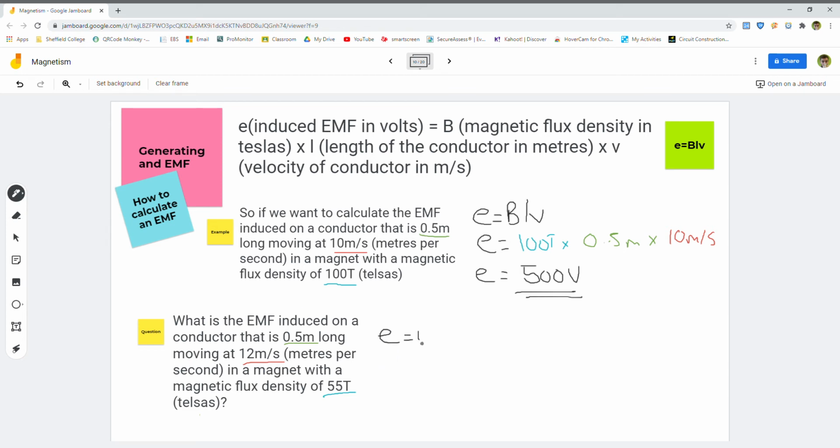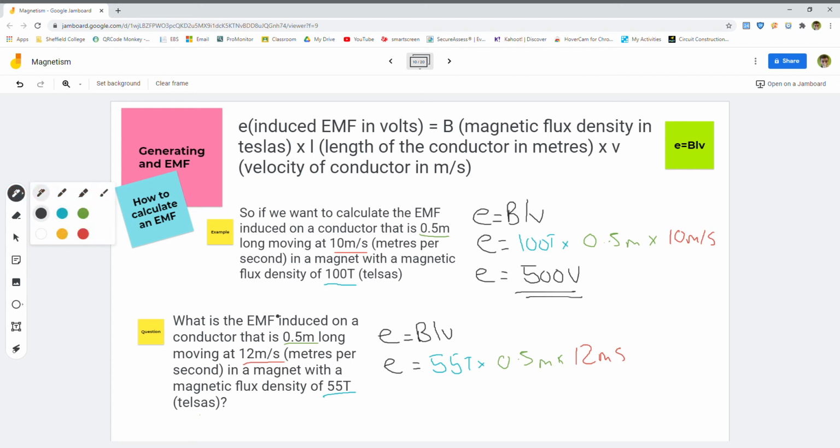E equals BLV. E equals, so our Teslas is 55, times our length, which is 0.5 meters, times our velocity, which is 12 meters per second.